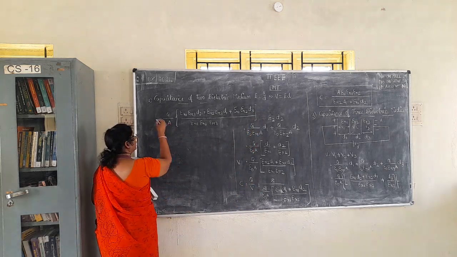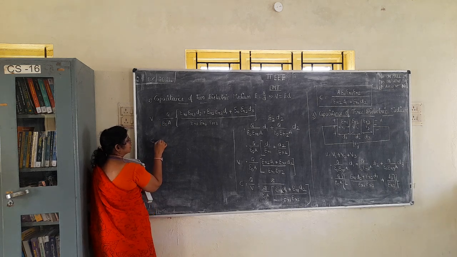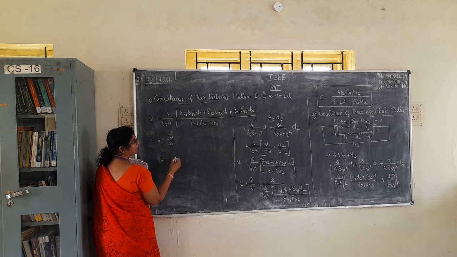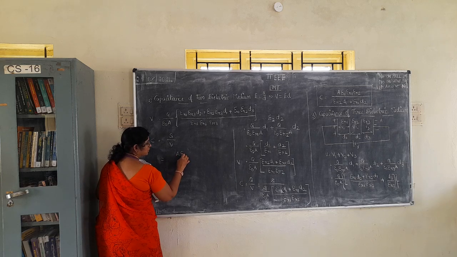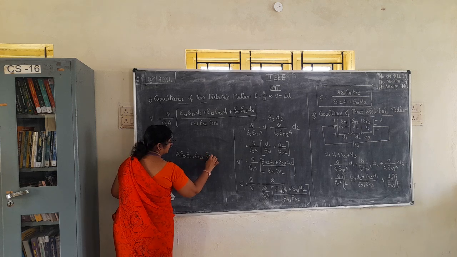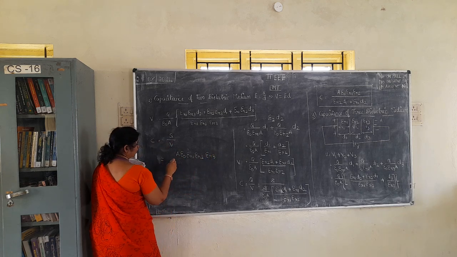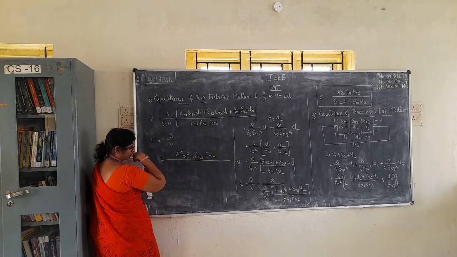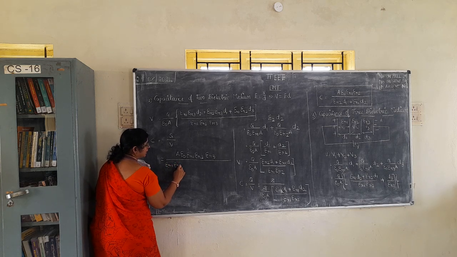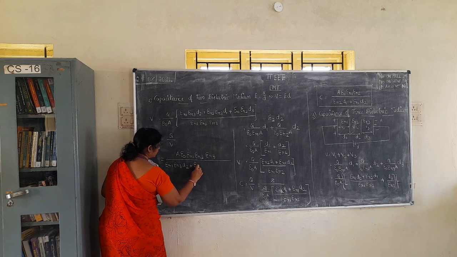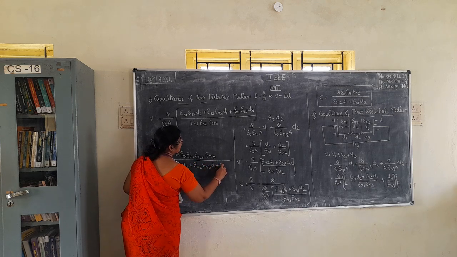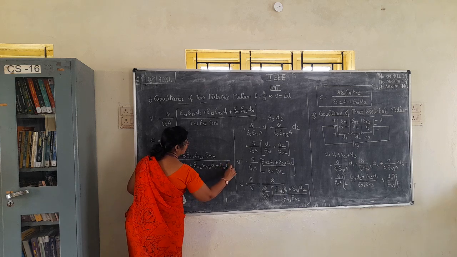So this is your V equation. Finally, find C is equal to Q divided by V. By substituting, you will get A into epsilon naught epsilon R1 R2 R3 divided by epsilon R1 R3 d2 plus epsilon R2 R3 d1 plus epsilon R1 R2 d3.